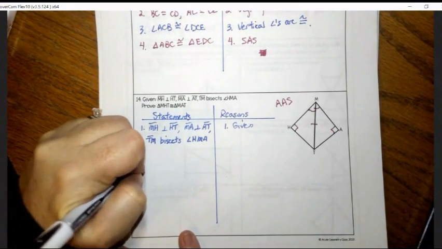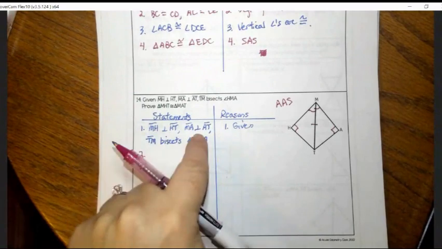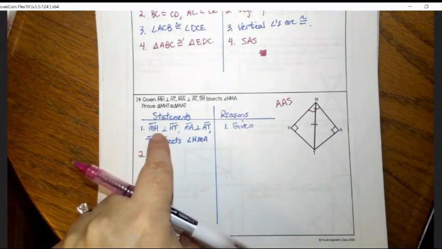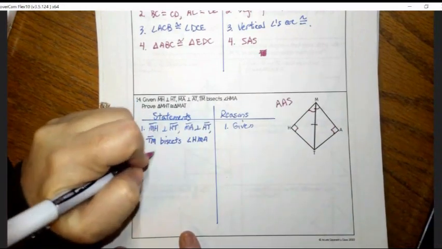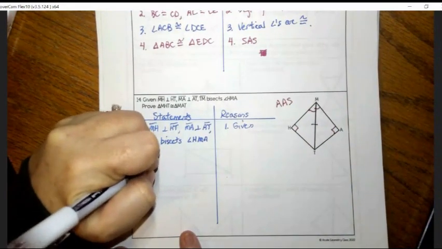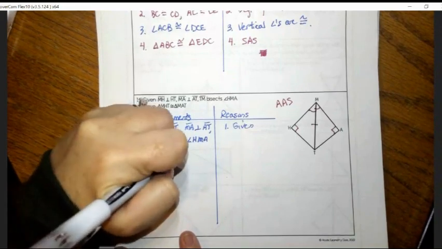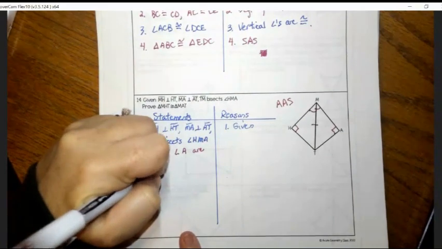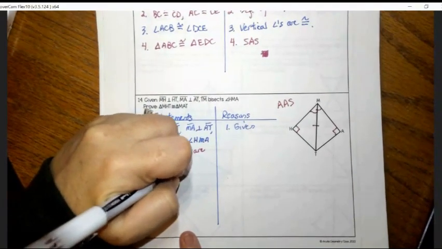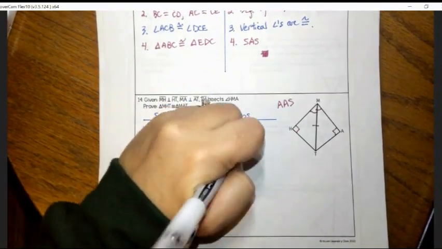So let's start with the perpendicular things. Because those were perpendicular, we were able to draw the right angle sign. So I'm going to say those two are right angles. So HM and HA are right angles. And that is the definition of perpendicular.